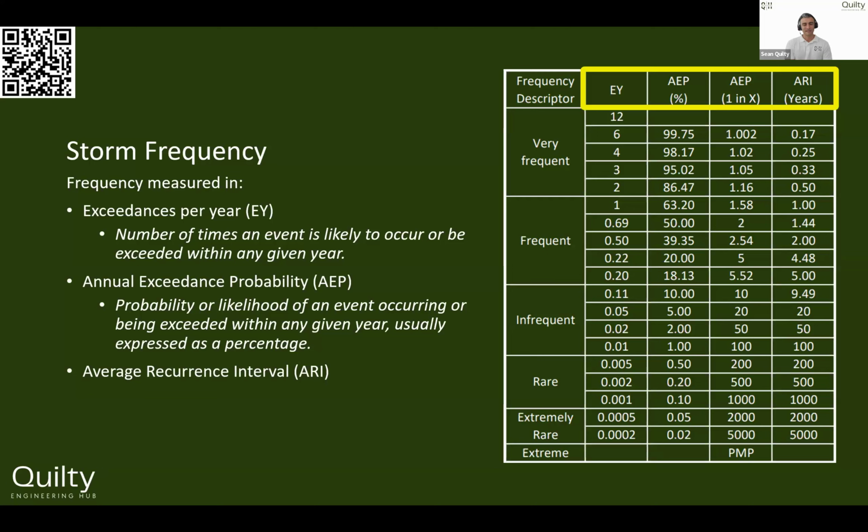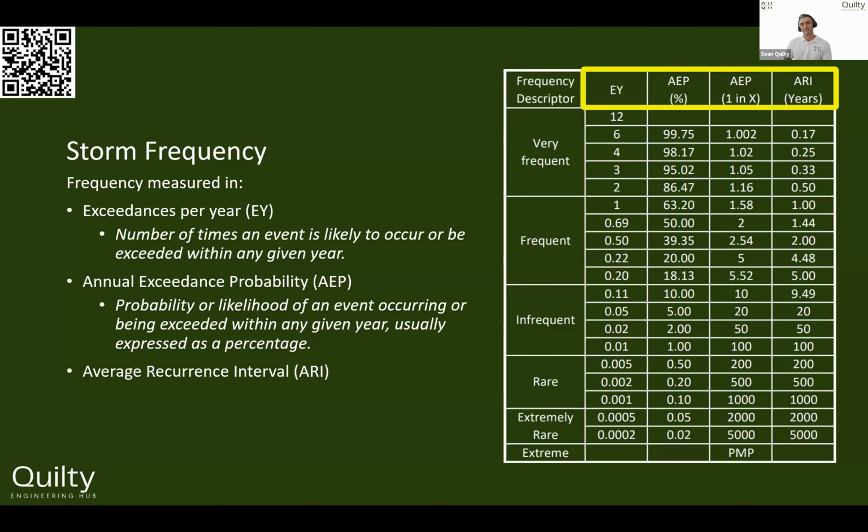If you look at your values, very frequent storms typically use the EY unit. When you go into frequent all the way up to extreme, we start to look at AEP, the annual exceedance probability. So this is a percentage, the value, and it's the probability of an event occurring or being exceeded within any given year.